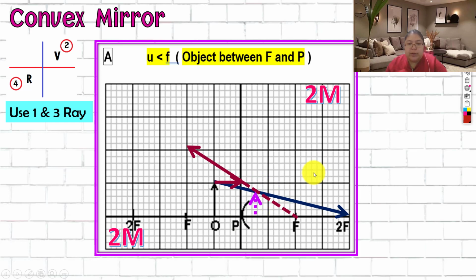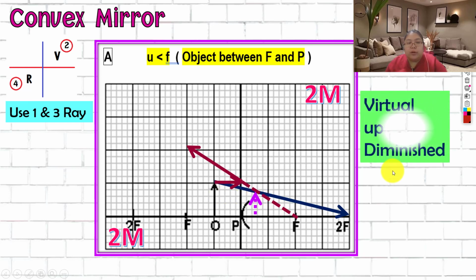Then you write the characteristic. This part is a virtual image, this one is upright, then diminished. So for the convex mirror, we just have one type of characteristic. Always virtual, upright, diminished. We don't need to memorize anything. So this is a convex mirror.